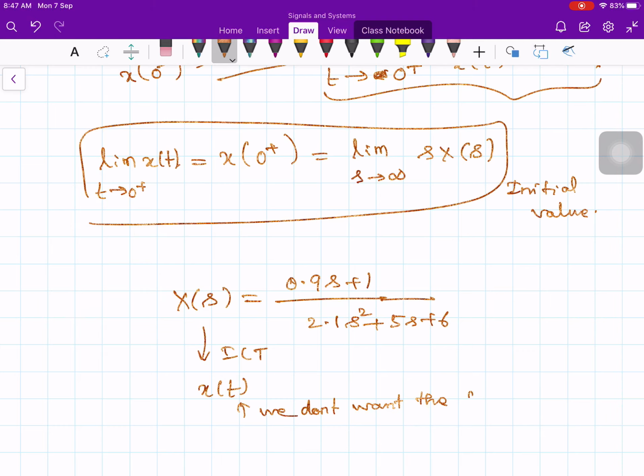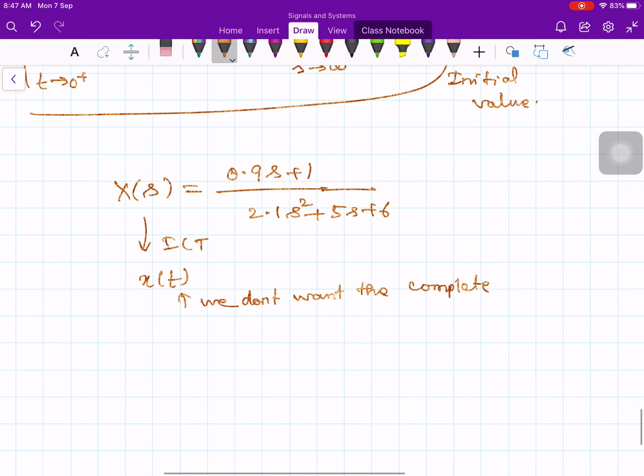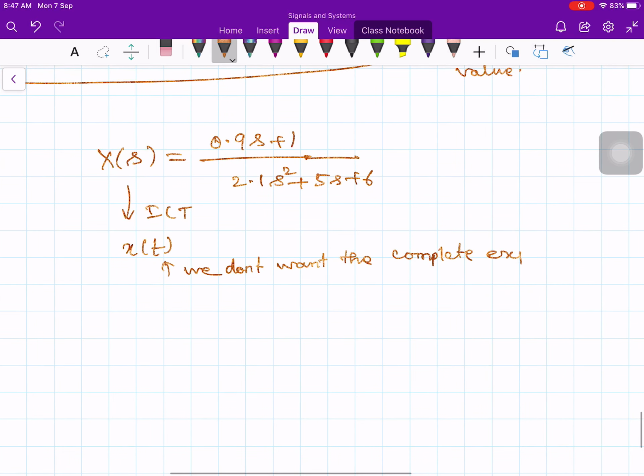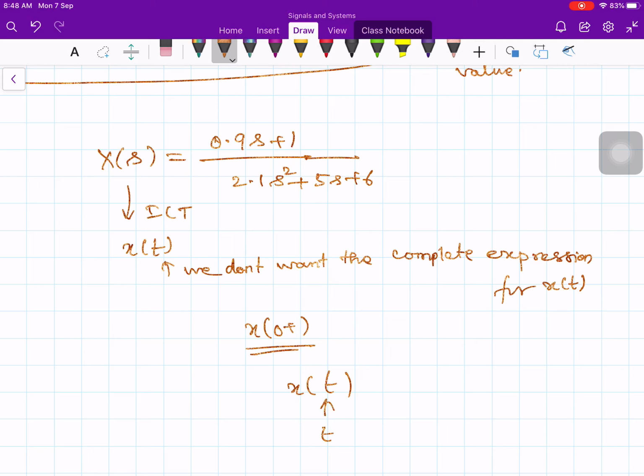There are certain situations where we don't want the complete expression for x(t); we just want to know what x(0+) is. We need to know only the value. In that case, this initial value theorem will be a boon for us. So for the function of time x(t), when it approaches the origin 0+ from the positive side, what is the value? You can use the initial value theorem as I said.